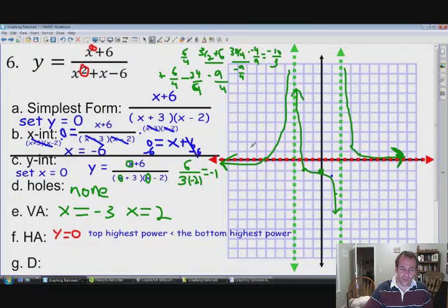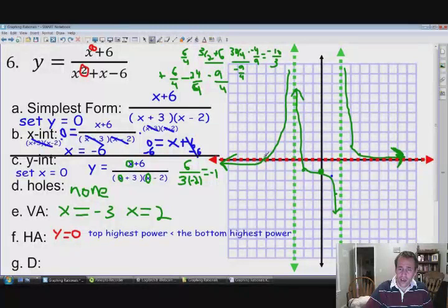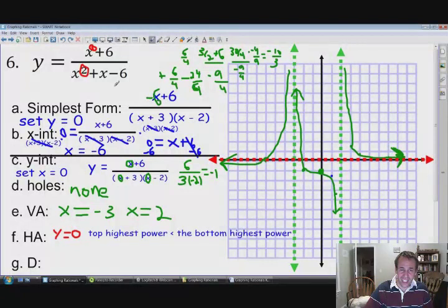Pretty weird graph, huh? Yeah, it does cut through there because at x equals -6 we get 0 in the top and some number in the bottom.